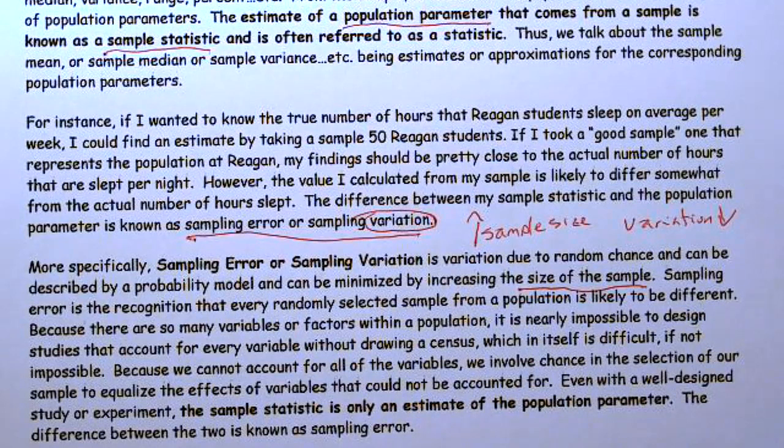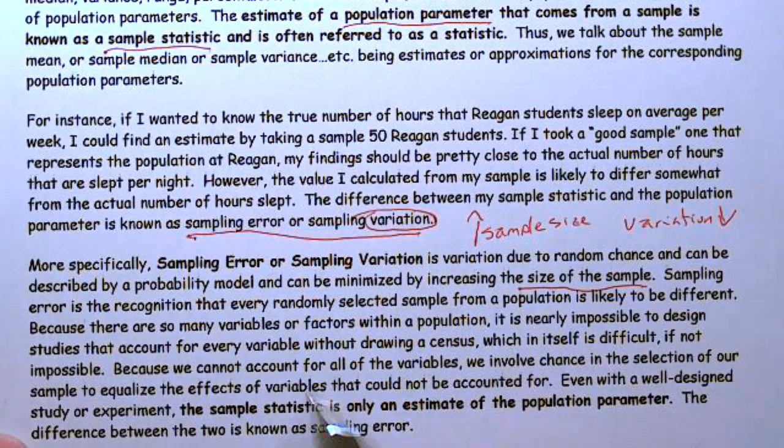So because there are so many variables or factors within a population, it's nearly impossible to design studies that account for every variable without doing a census, which we said is difficult, if not impossible. Because we cannot account for all of the variables, we involve chance in the selection of our sample to equalize the effects of variables that we cannot account for.